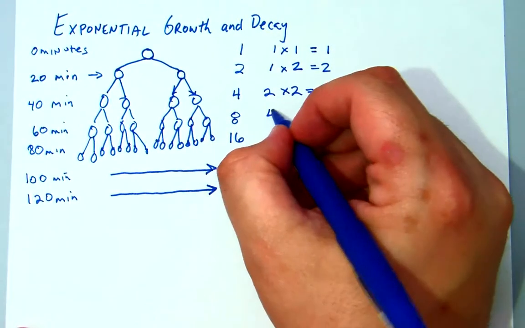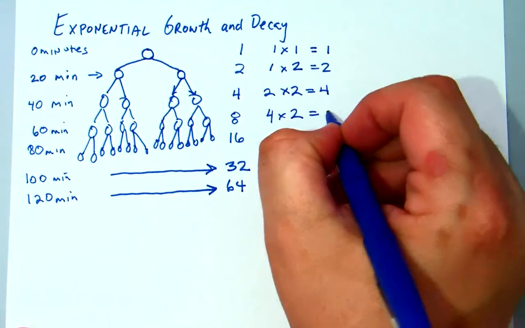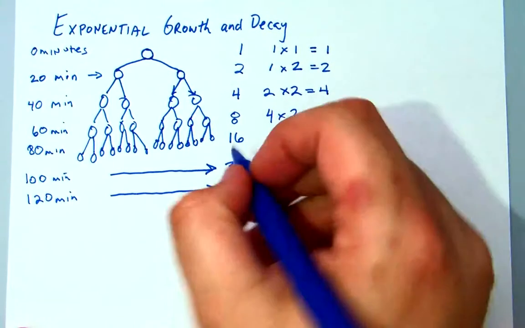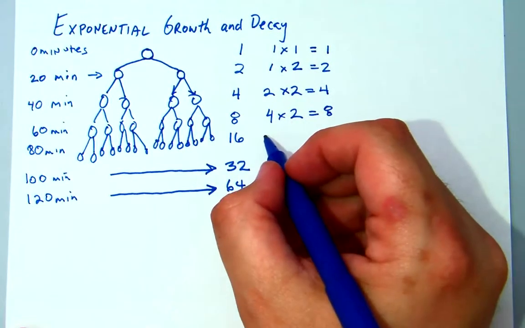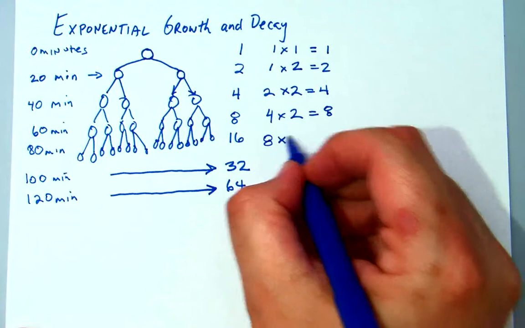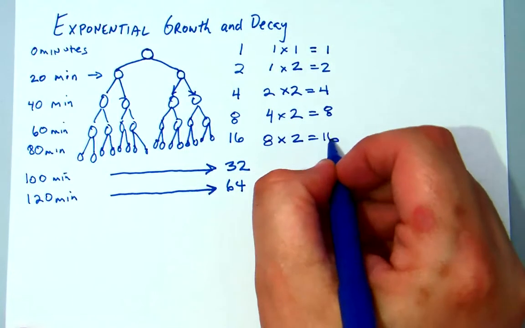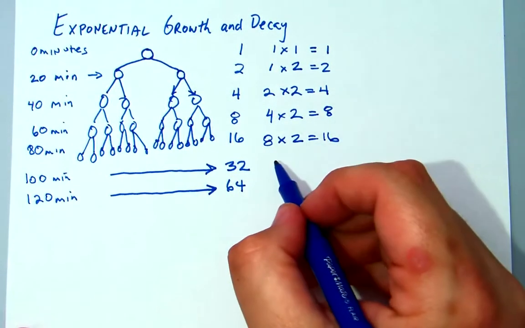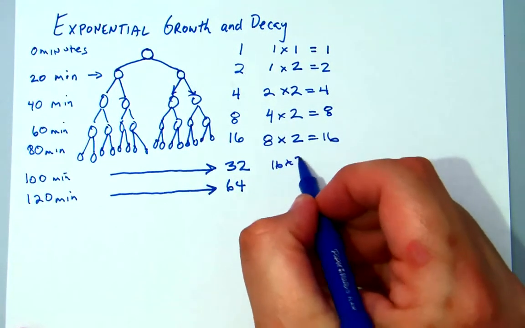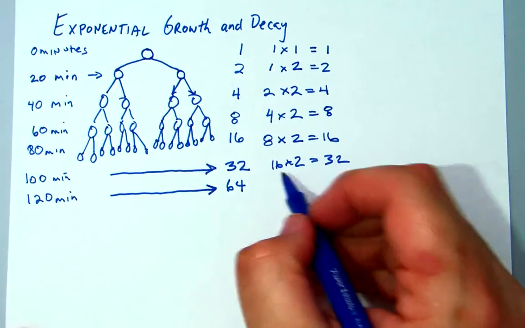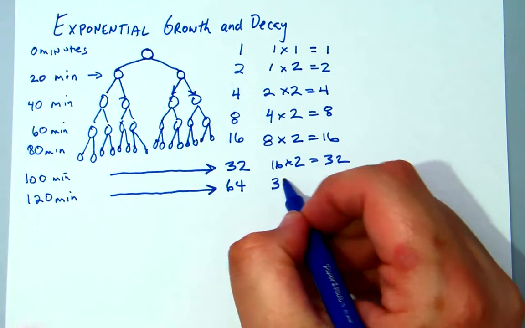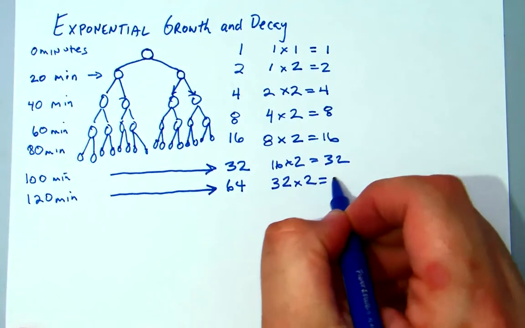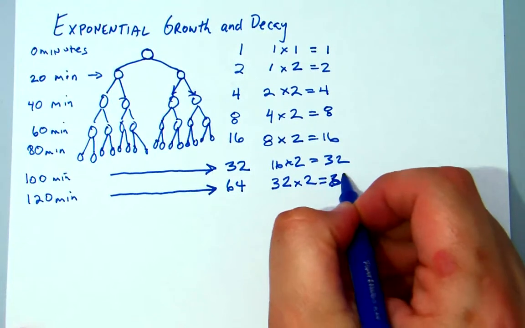Then we're going to take that 4, you double that, and we get to 8. Then you take 8, and you double that, and you get to 16. You get to 16, you double that, you get to 32. The next step, 32 times 2, you get to 64.